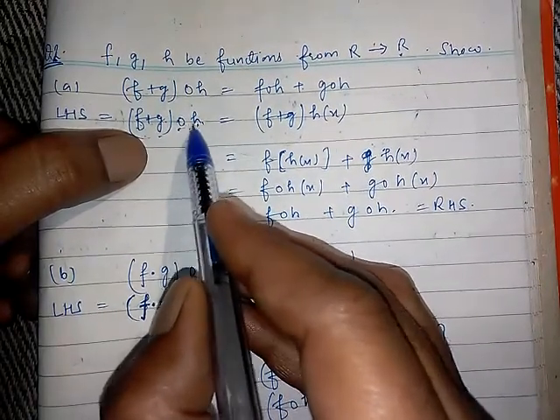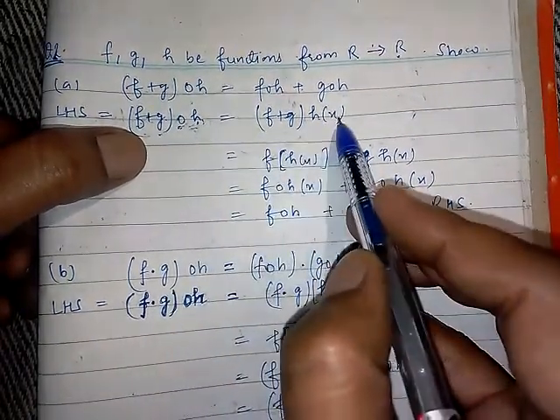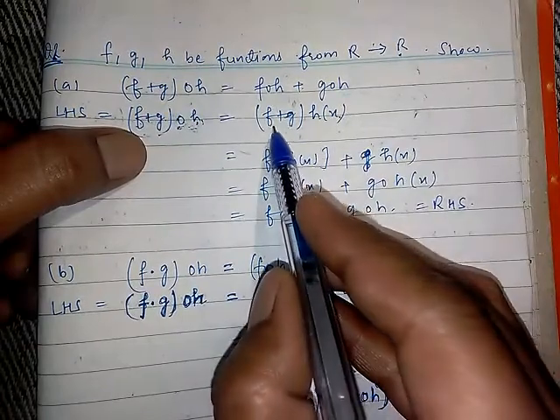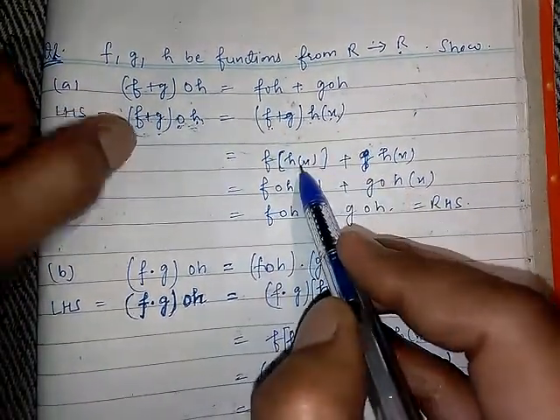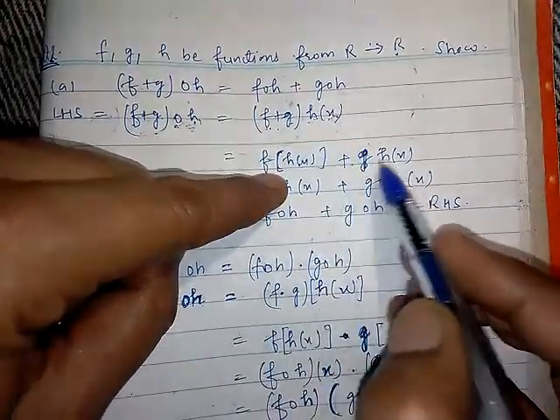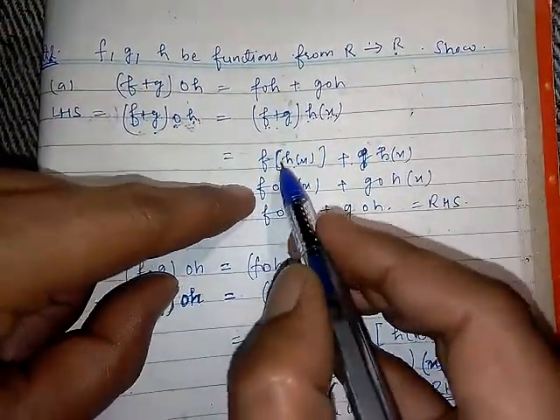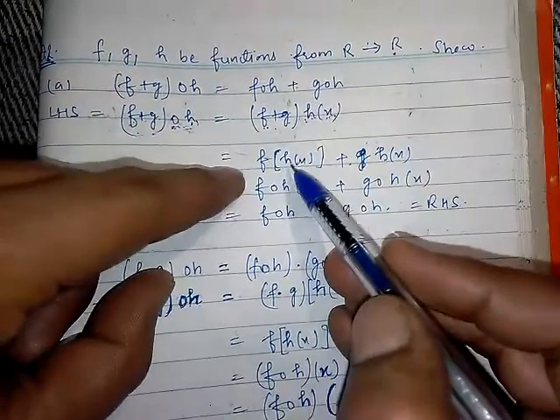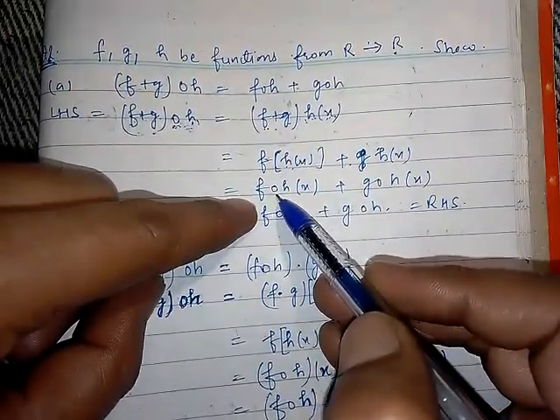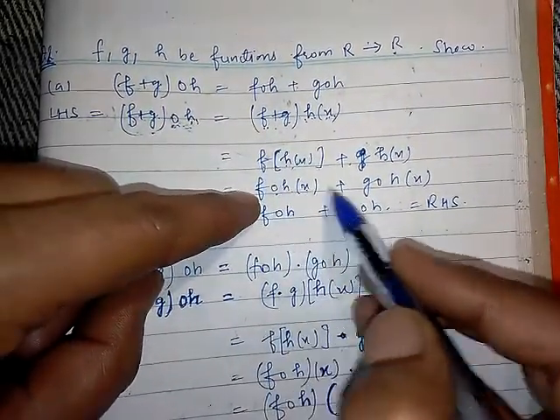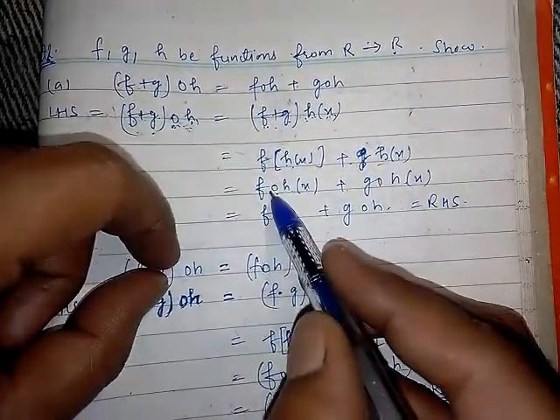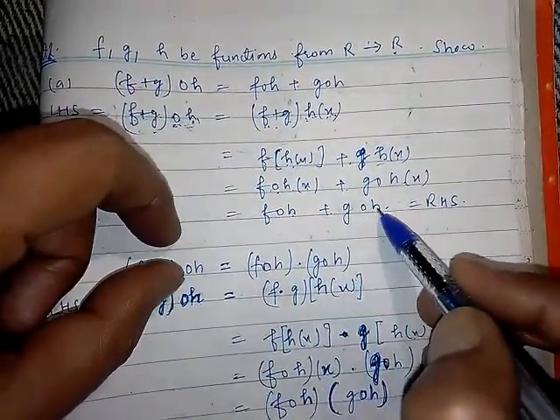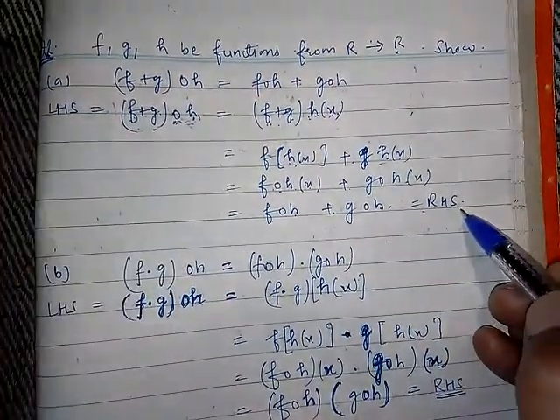So remove this o and put here h of x. Then open this just like opening the bracket: f of h of x plus g of h of x. Further here you have removed the o and here you will introduce the o finally. f of h of x plus g of h of x, and now this time x will be removed: f o h plus g o h, and that is equal to the right hand side.